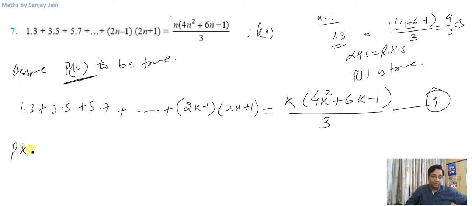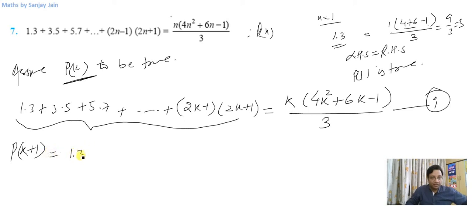So what is my left hand side of P(k plus 1)? It will be this plus the next term, right? Okay, so let us see what the next term will be. So 1 into 3 plus 3 into 5 plus 5 into 7 plus up to, now this is the term (2k minus 1) into (2k plus 1).